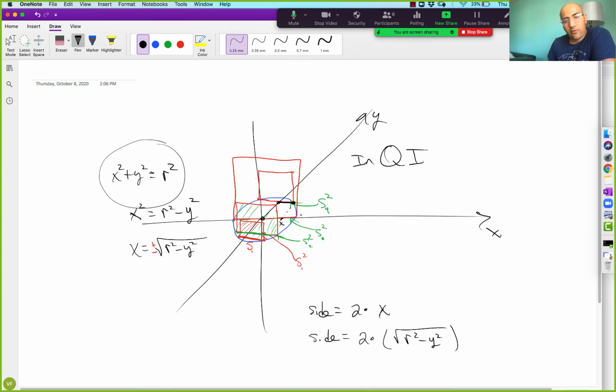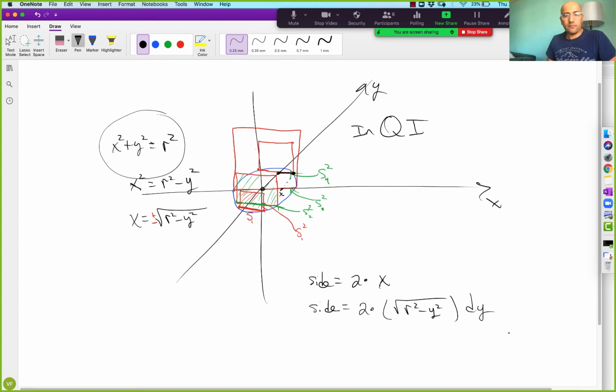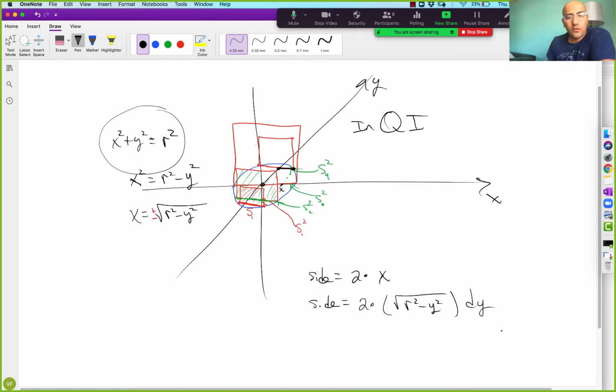So I'm going to have little thicknesses which are going to be dy's. So I need to multiply it by dy. Questions?